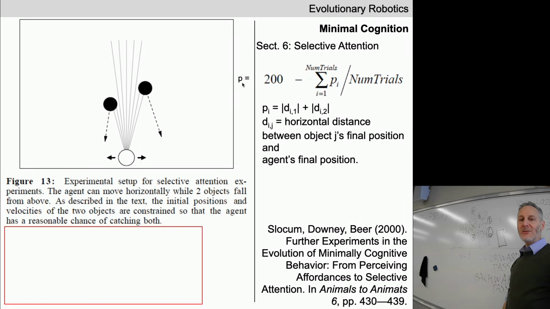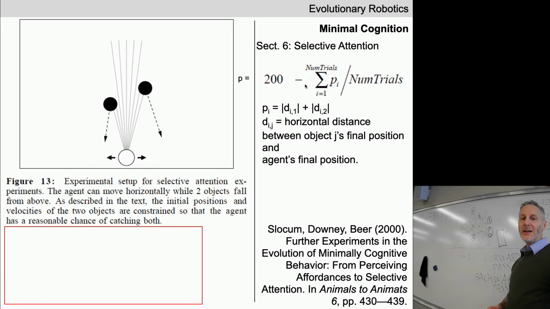So performance of the robot, as always, is going to be an average over its performance in the ith trial of num trials. P sub I, the performance of the ith trial for a given CTRNN, is the sum of the distances. What was the horizontal distance between the agent and the object when that object hit the ground, its final position?